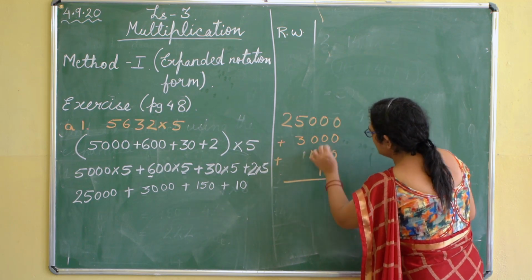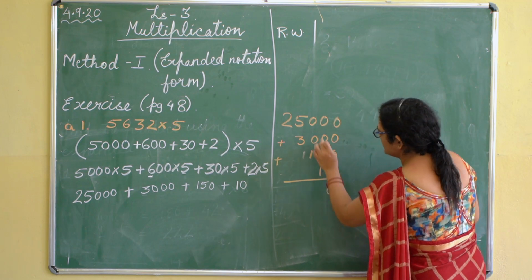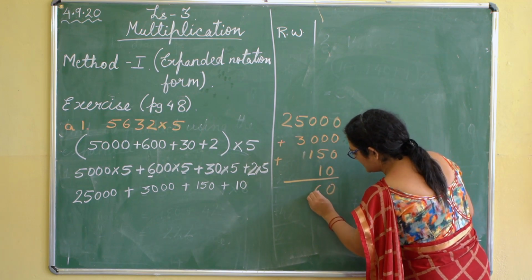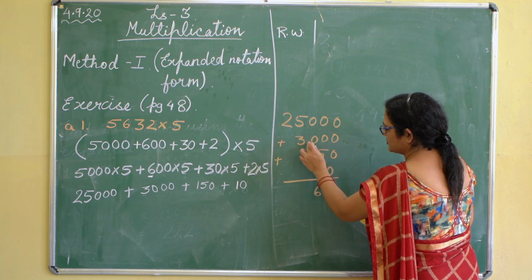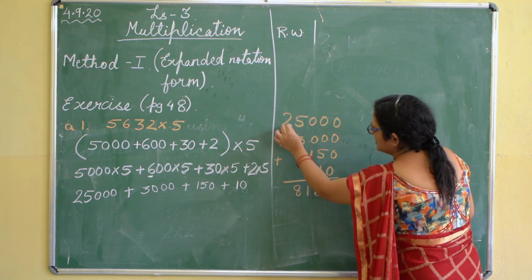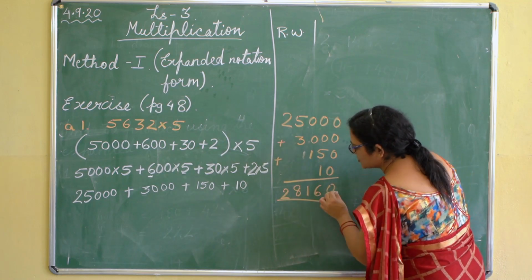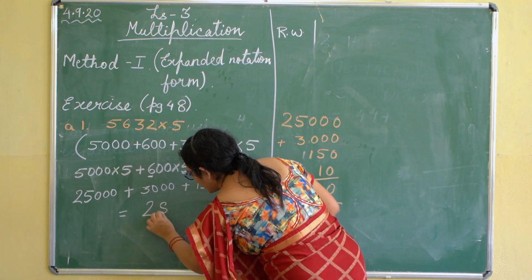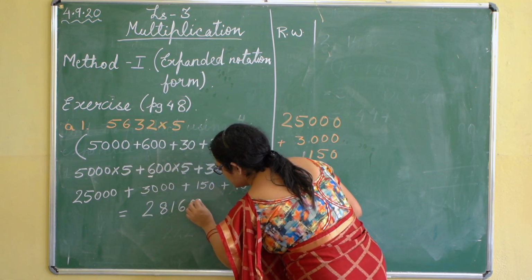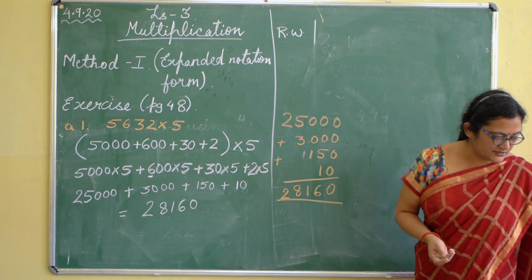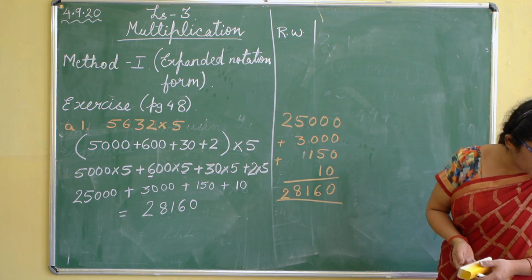Now we add: 0 plus 0 is 0, 0 plus 0 is 0, 0 plus 5 is 5, 5 plus 1 is 6, 0 plus 0 is 0, 0 plus 1 is 1, 5 plus 3 is 8, and then 2. So your answer is 28,160. Same way we will do the second question.